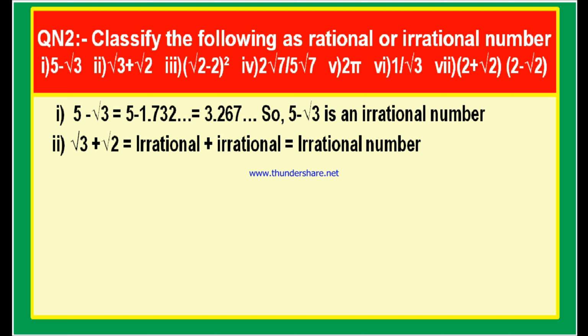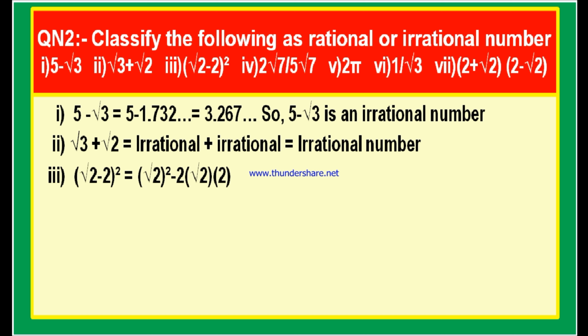If we add two irrational numbers, again you will get an irrational number. Therefore √3 plus √2 is an irrational number. Otherwise, if we take √3 as 1.732 and so on, and √2 as 1.414 and so on, adding non-terminating and non-recurring decimals, therefore it is an irrational number.